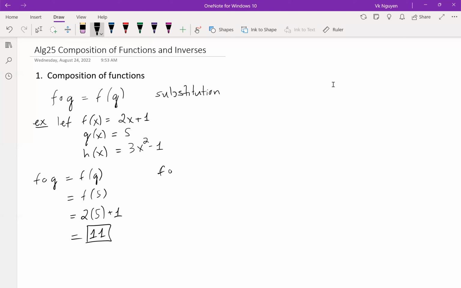F circle H, or F composed H. So it's F of H. And that is F of 3x squared minus 1.